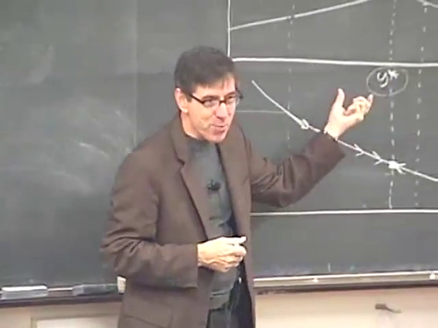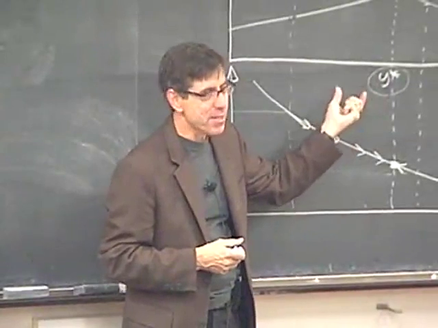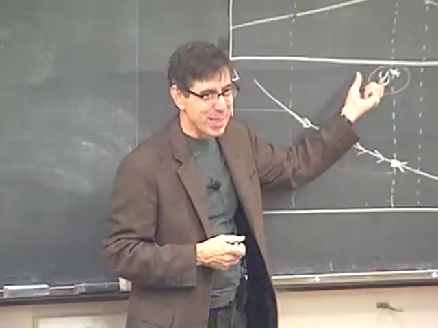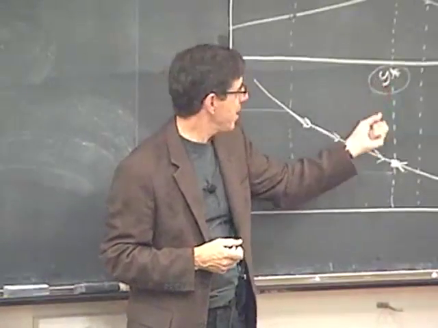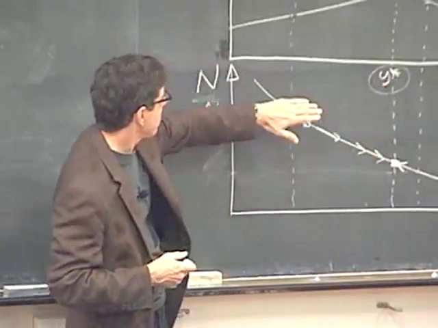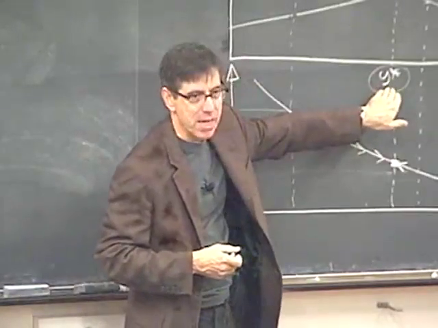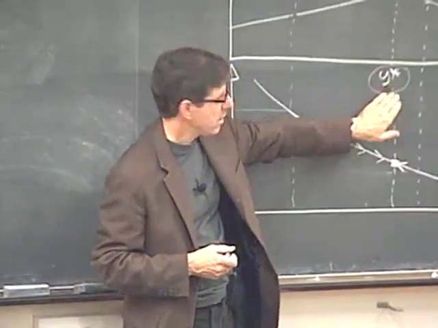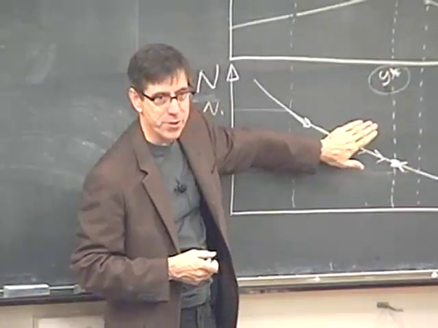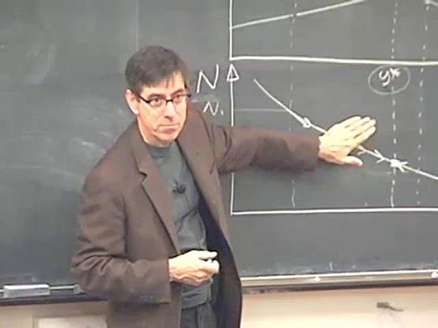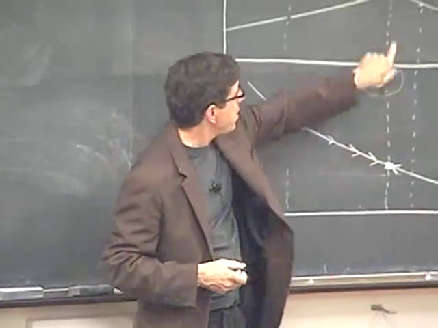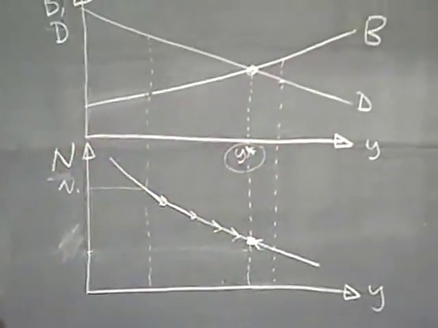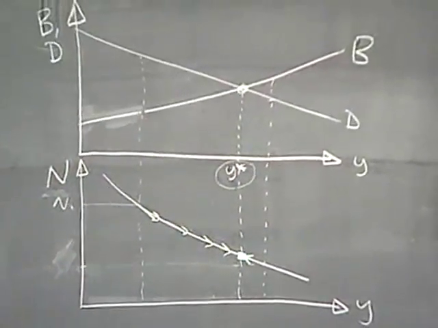Well, the next thing that we learn, and this is actually a very powerful and kind of stunning point, is that in determining living standards in this world, this curve here is irrelevant. Okay? This point here is determined only by birth rates and death rates.